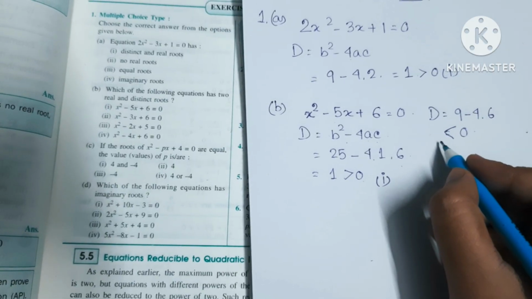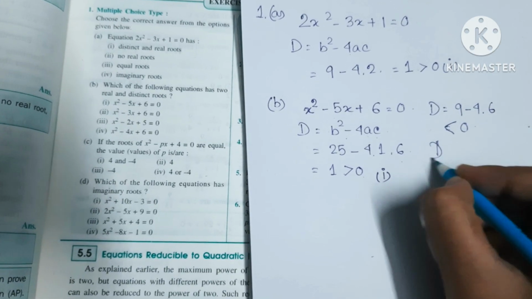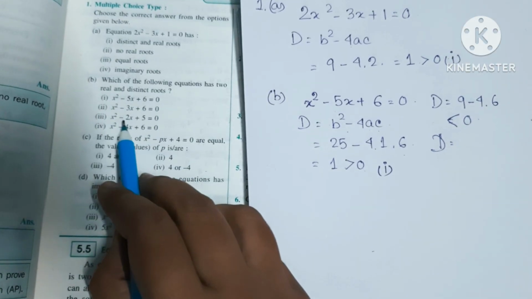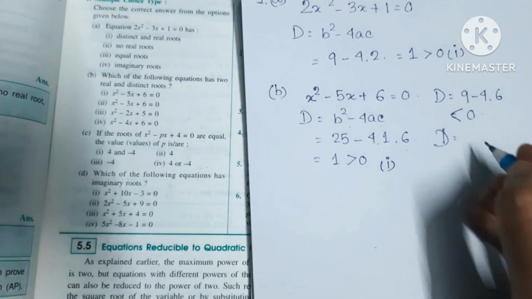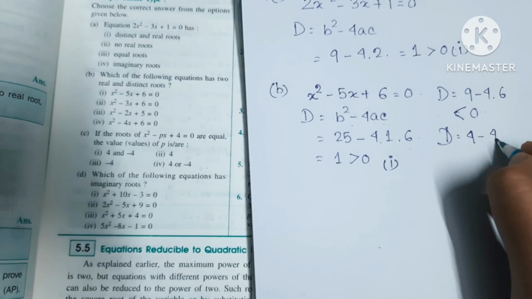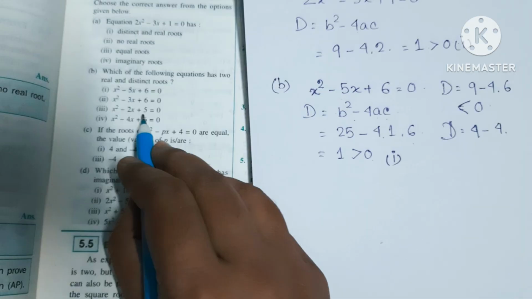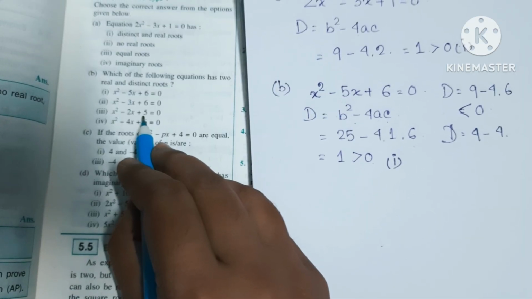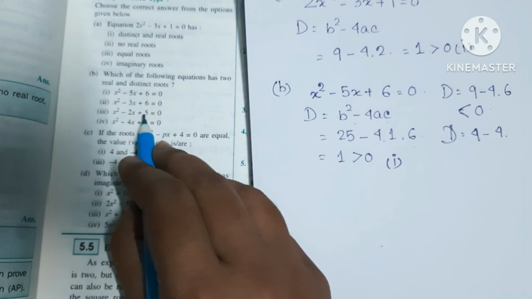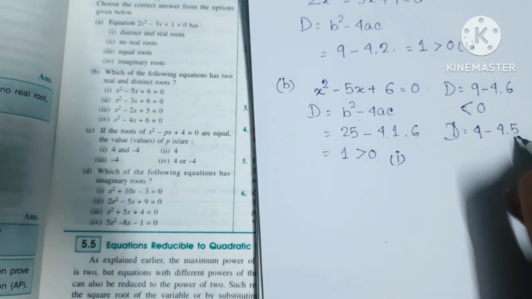So it will give you imaginary roots. Now the next one: D will be 4 minus 4 into 5 into 1, so it will become 20.